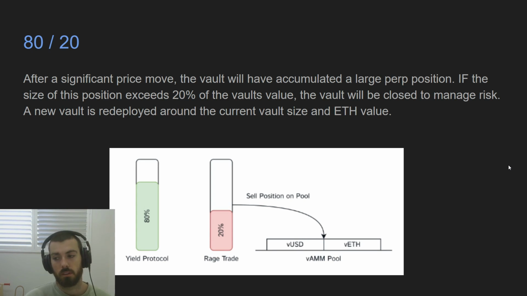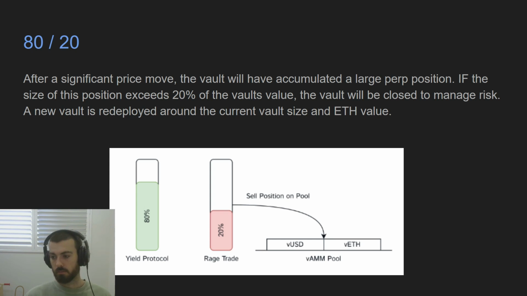So the vault can go risk on in a sense, and so they have a function where the vault is reset. After accumulating 20% of the vault size, the vault will be closed and reopened again. So this doesn't happen very often.